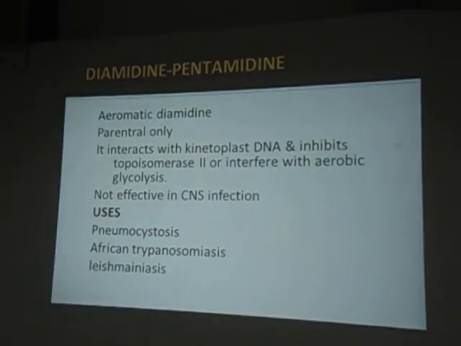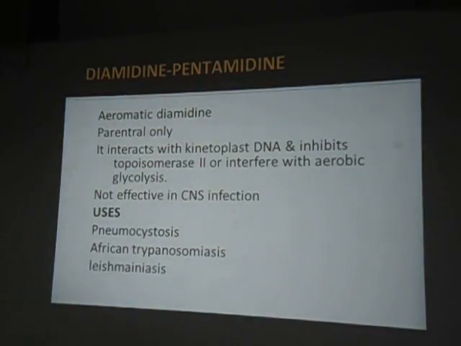An antiviral drug which can inhibit this topoisomerase. So it will interfere with aerobic glycolysis. So you can get fission topoisomerase inhibitors. So collect the three drugs which can inhibit.